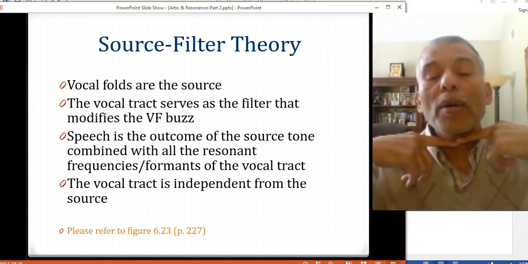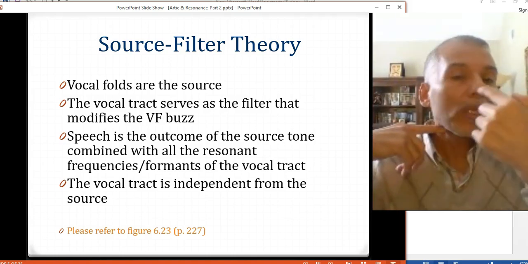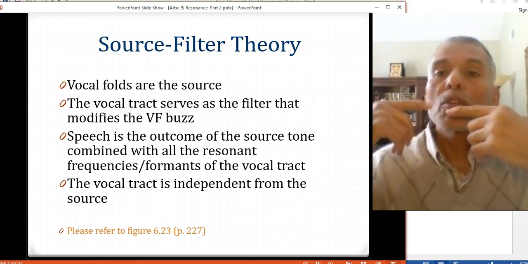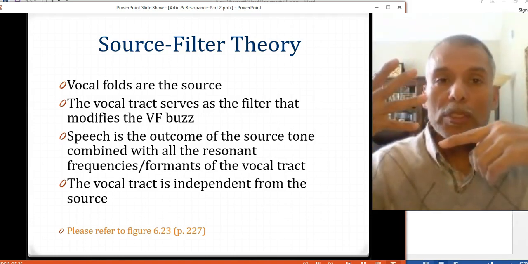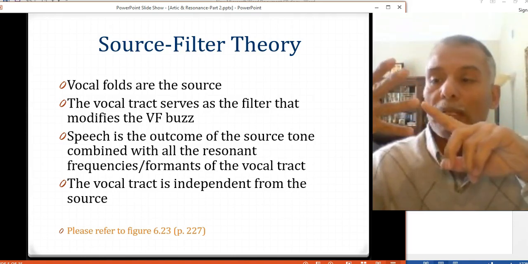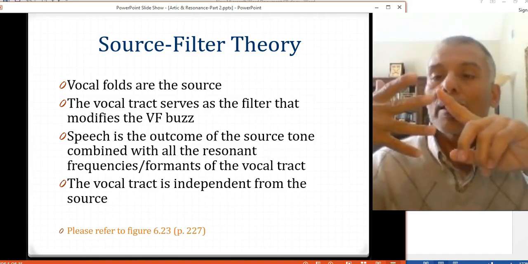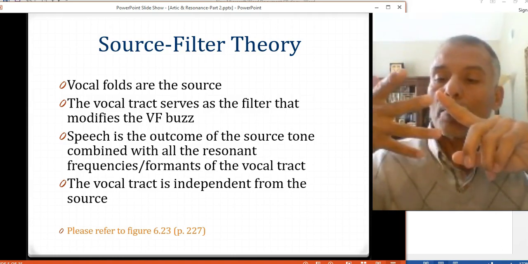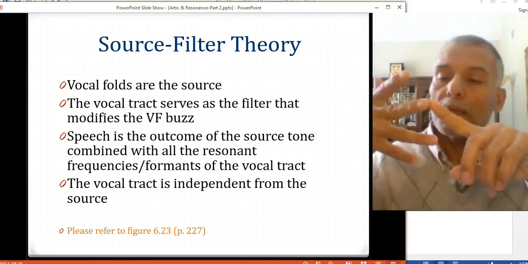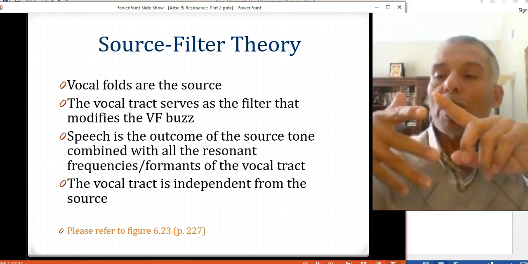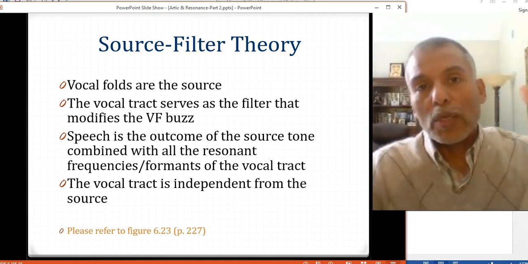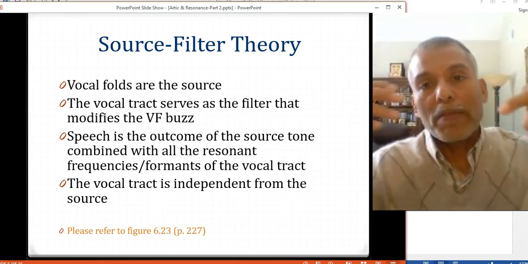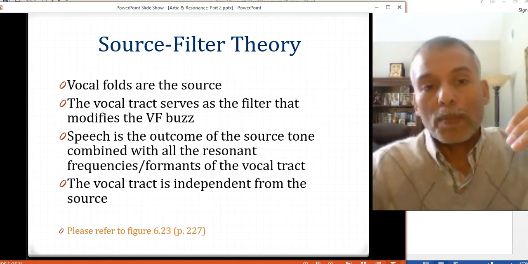So that buzz, as it goes through the vocal tract, now gets modified, where the even harmonics are deleted, like 200 is deleted, and then you leave 300, and then you take 400 out, you take 600 out. So selectively, you attenuate the even numbers and leave the odd ones.